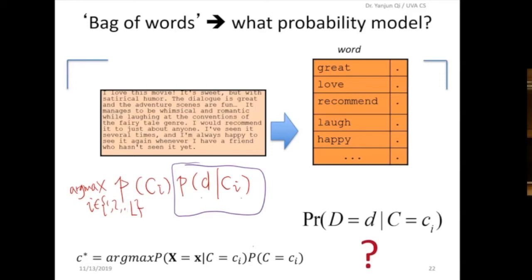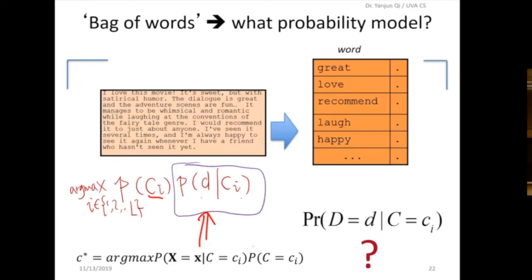Using our notation, still c_i, and using D to represent a document, it's the same: P(c_i) times P(D | c_i), so this is the one I need to estimate for a specific document D.